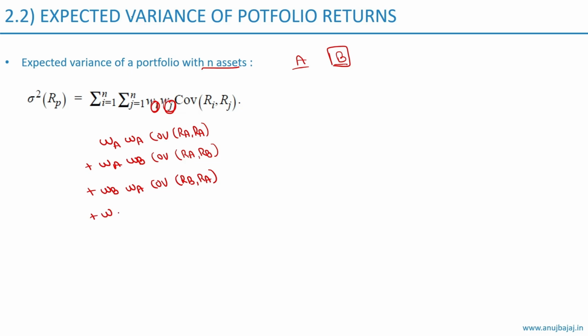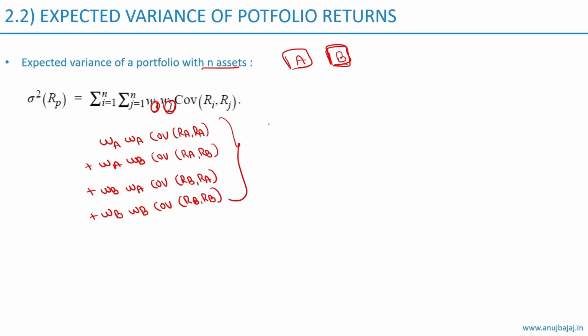Then we substitute j with B. So the weight of asset B multiplied by the weight of asset B multiplied by the covariance of asset B with asset B. So when we have two assets in a portfolio, this is how we write the formula.